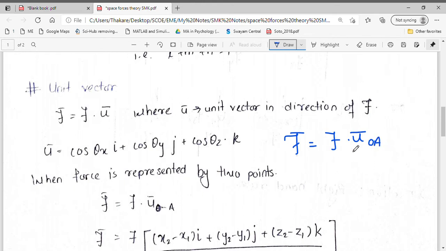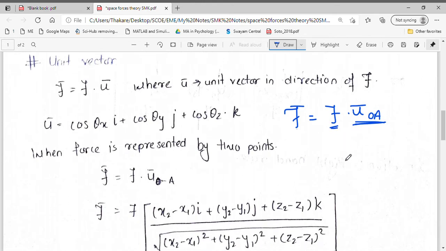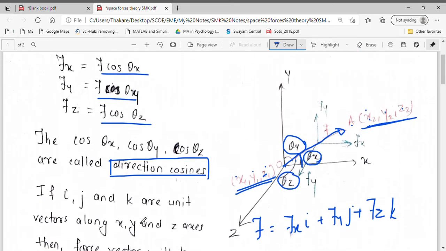Magnitude of force we know is F, and the unit vector will be written as x2 minus x1 into i plus y2 minus y1 into j plus z2 minus z1 into k, where x2 minus x1 means what?